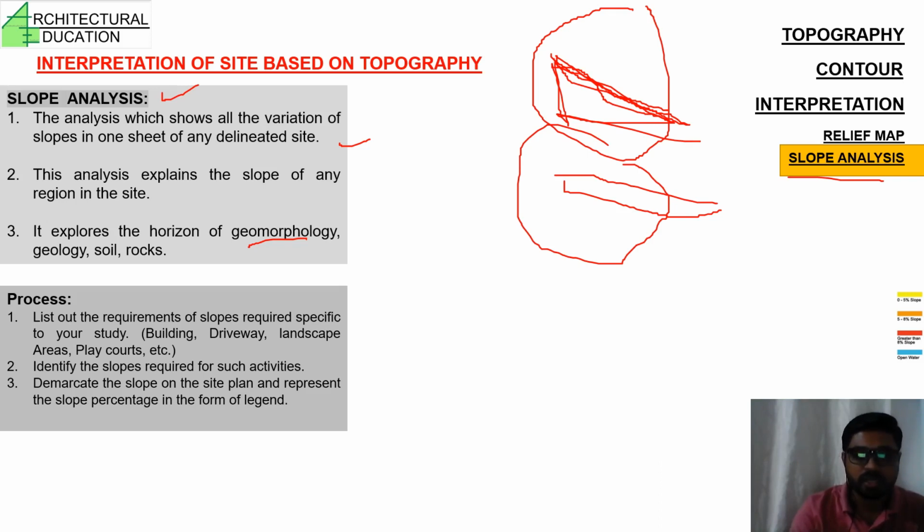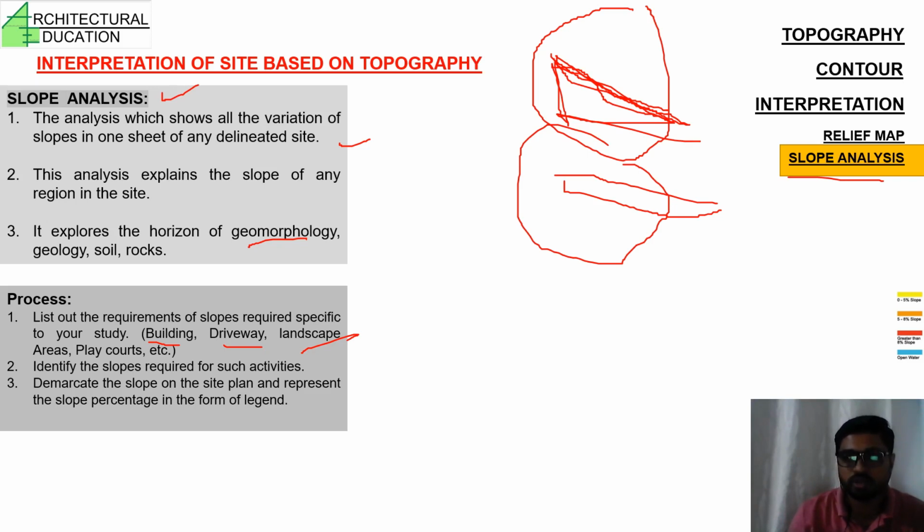Now let us see. Here what we are supposed to do is list out the slope requirements specific to your site. For example, we might require buildings, driveways, landscape areas, play courts, etc. At certain areas the building ratio or proportion would be much lower.